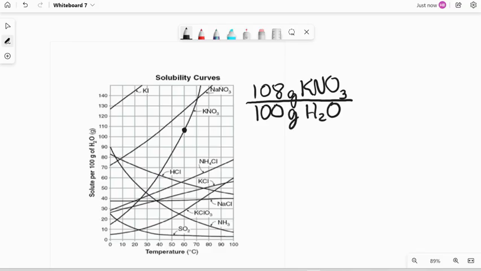This is how we write these relationships. This point on the line would be considered a saturated solution. It also represents the solubility. So if I ask you for the solubility at that particular temperature, this is what you would write down. So let's look at this. Anything on this line is going to be considered a saturated solution.